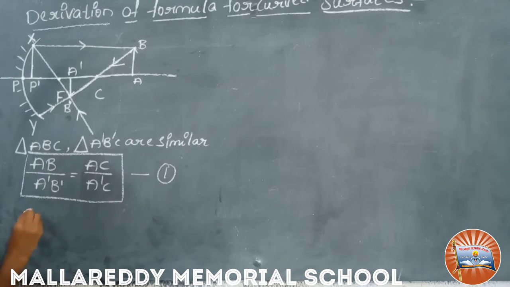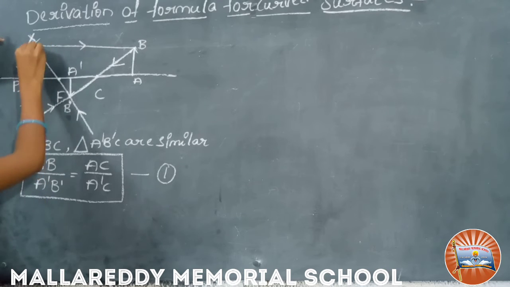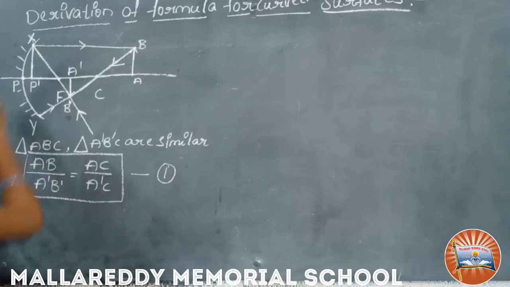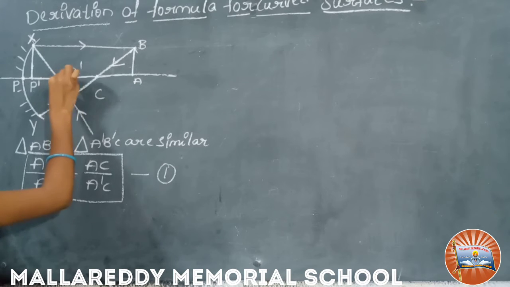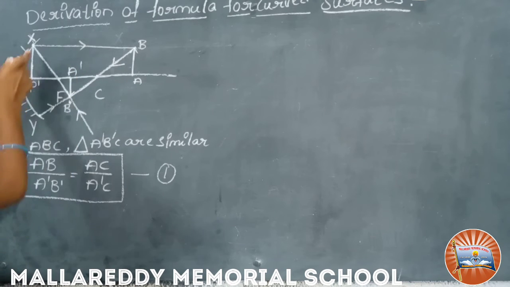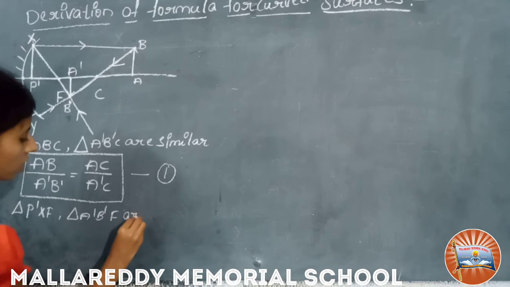Now see, before going to write that, I want to write here one more triangle is there, P dash X F. This is one triangle and A dash B dash F is one triangle, right?